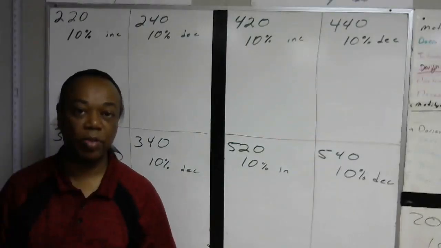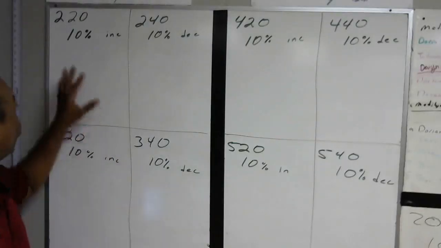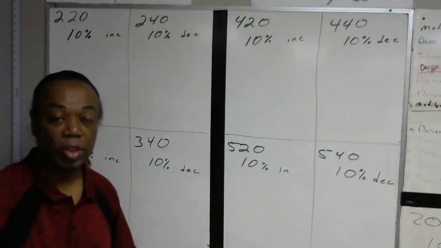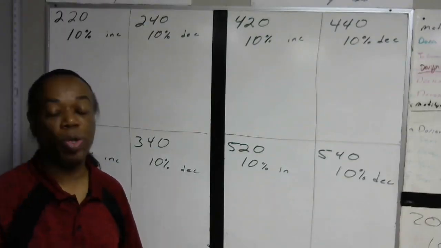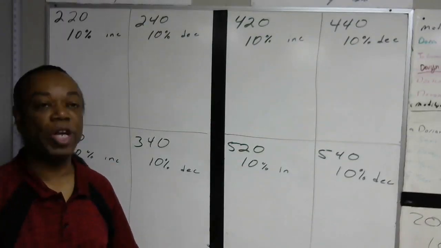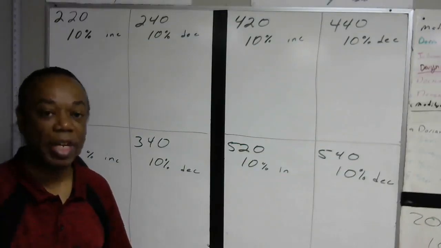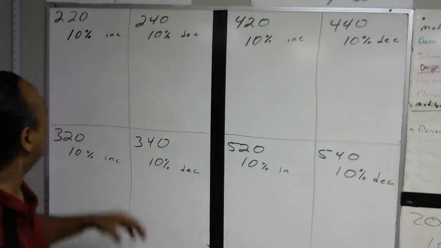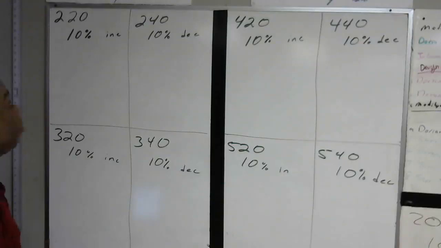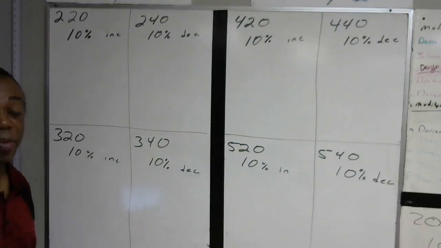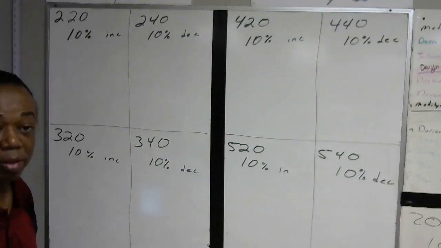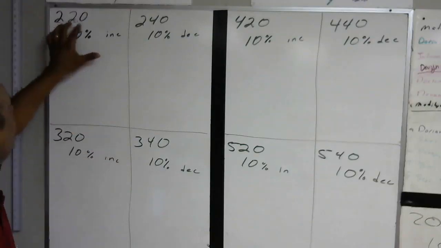Percentages of increase and decrease. We're going to work with 10% increases and decreases. 10% is great to work with because you can easily learn how to make 10% of any number. So we want to take 10% of 220, and then we want to increase it by 10%.